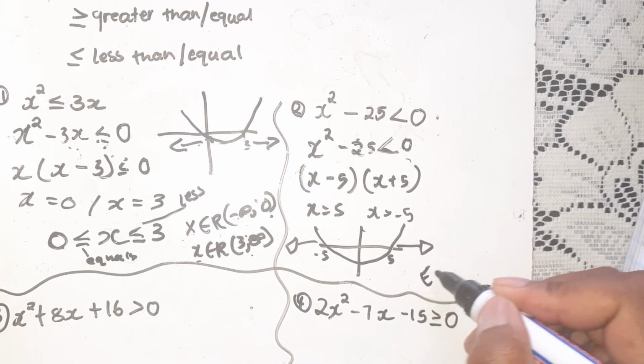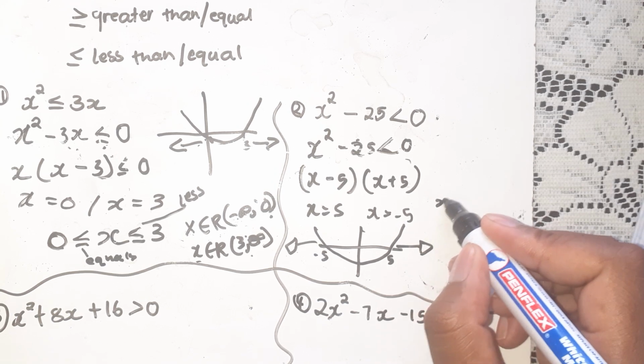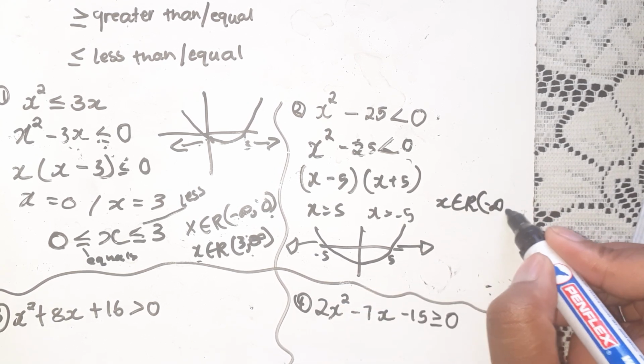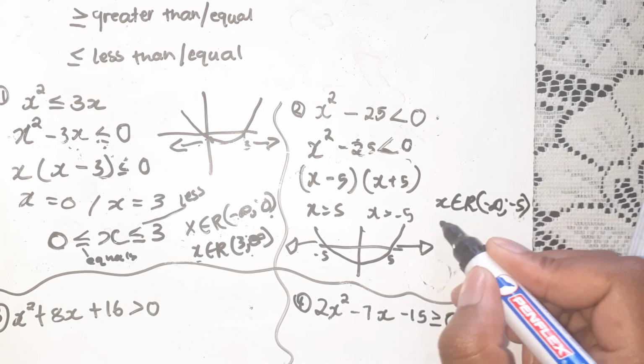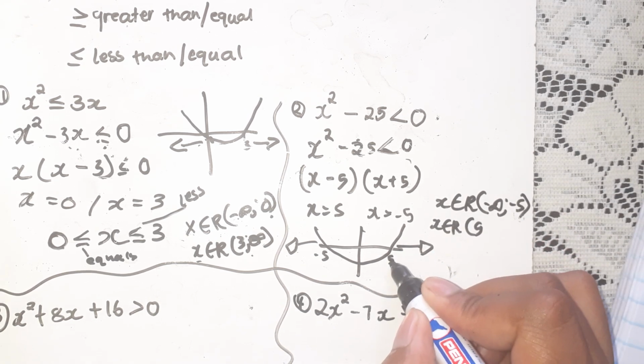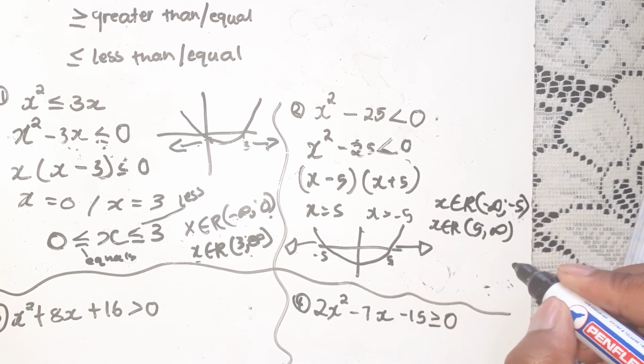So you can say x is an element of a real number from -infinity to -5, and then x is an element of a real number from 5 to +infinity.